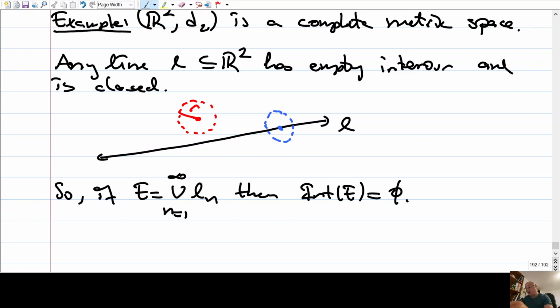It doesn't matter how many of them, provided that their number is countable: L1, L2, L3, infinitely many of them, then the union must have empty interior.